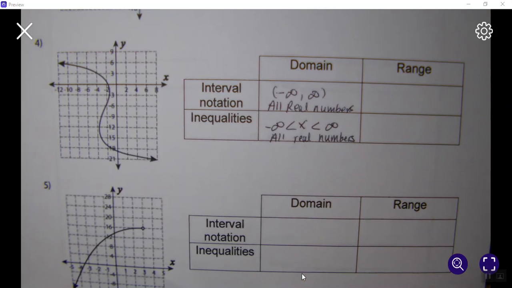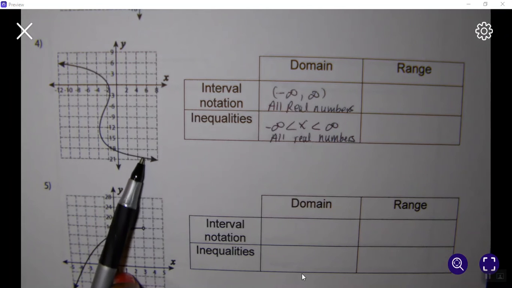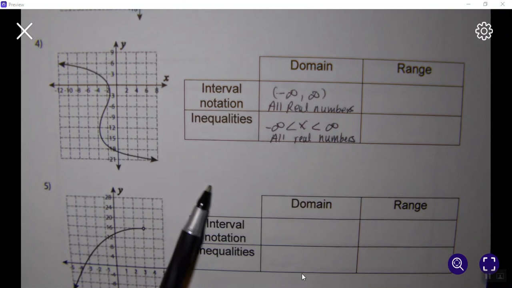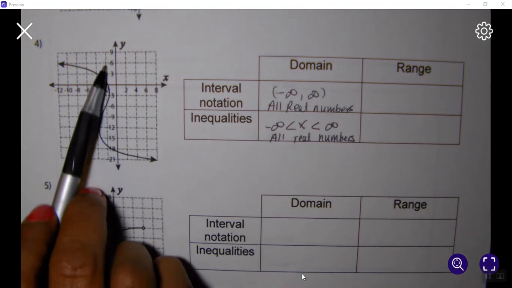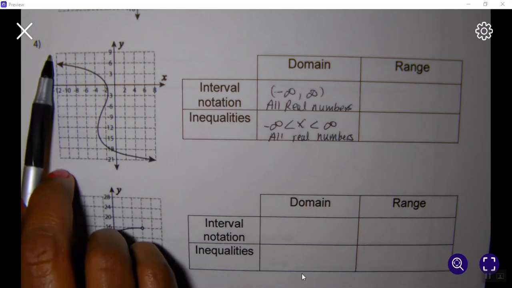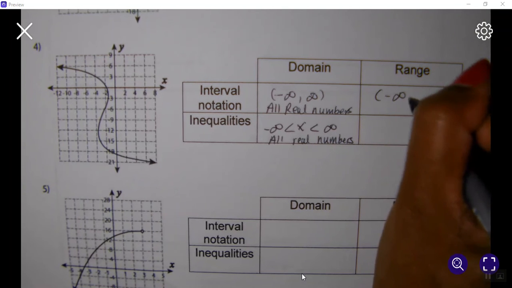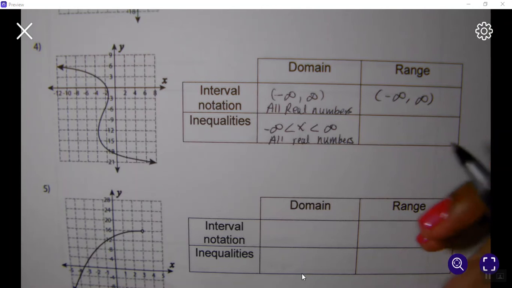Okay, and then for the range, same thing here at the bottom. Even though it's going to the right, it also keeps going down. And then it keeps going up as well. Even though it looks like it's going to the left, it's actually also going up. So this is also from negative infinity to positive infinity.